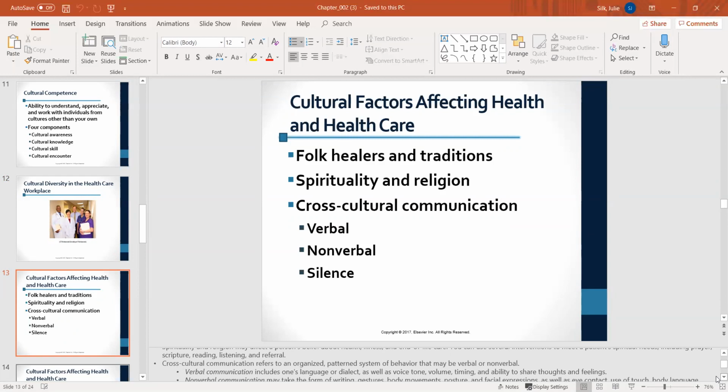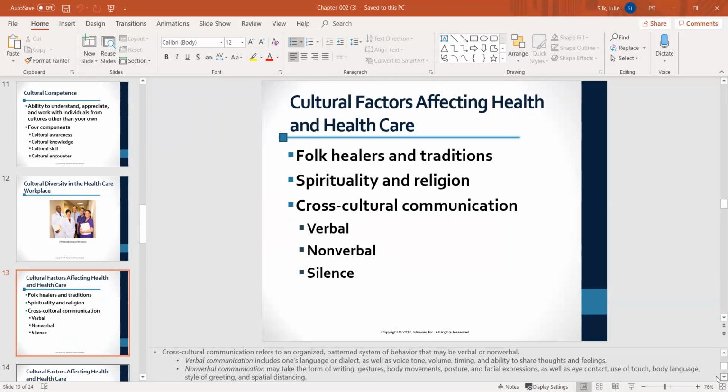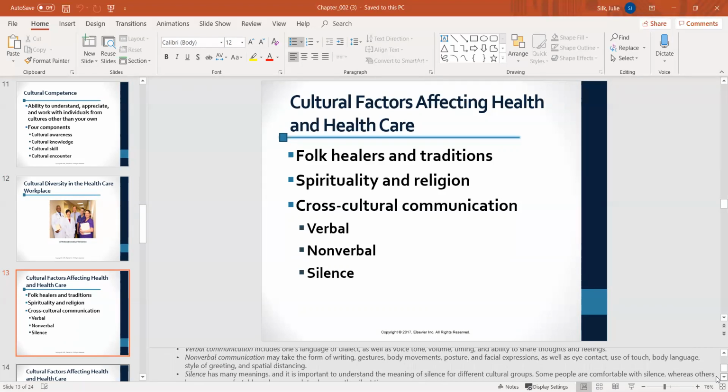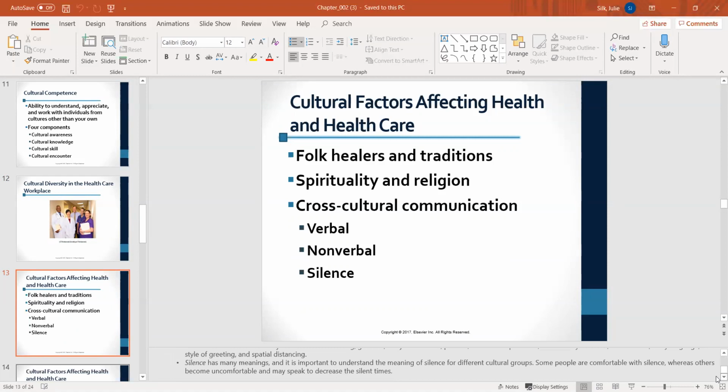Nonverbal communication could be gestures, body movements, posture, facial expression, eye contact, use of touch, and spatial distancing. Silence has many meanings, and it's important to understand the meaning of silence for different cultural groups. Some people are comfortable with silence, whereas other people become uncomfortable and may speak to decrease the silent times.